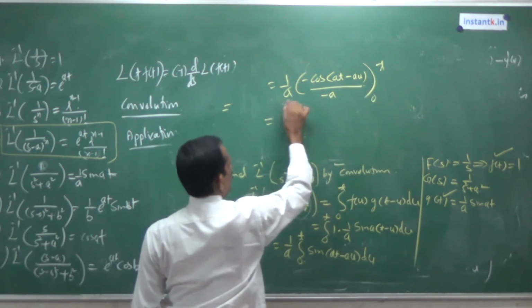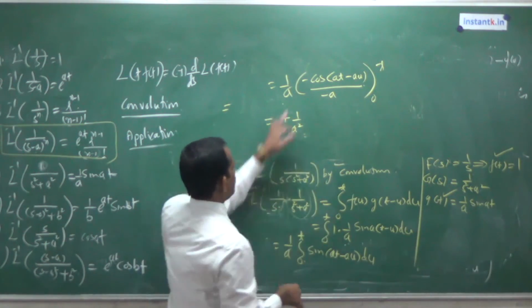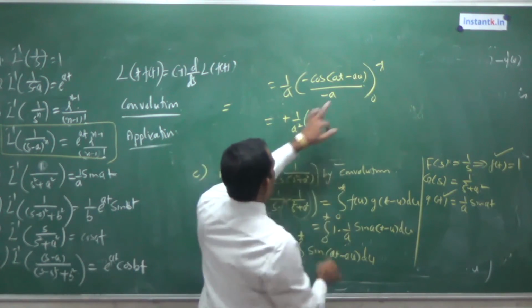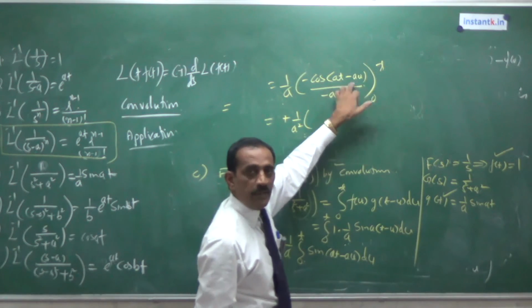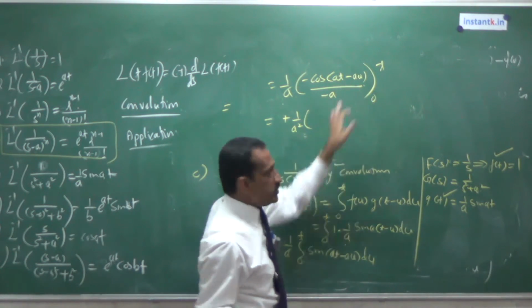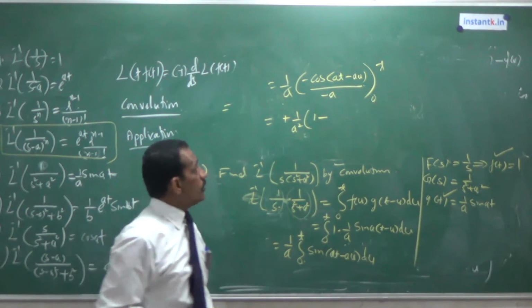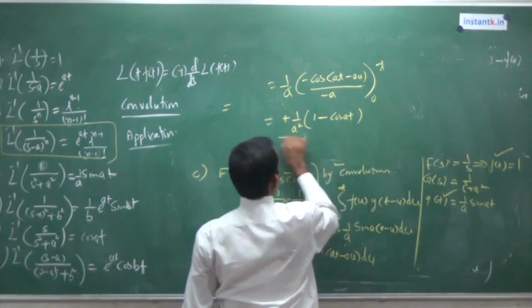So 1 by a times minus a, minus of minus, plus we get. 1 by a squared is common. First put the upper limit. When you put u is equal to t, what do you get? At minus at is 0. Cos 0 I get, and cos 0 is 1, minus the lower limit. Put u is equal to 0. What do you get? Cos at only.